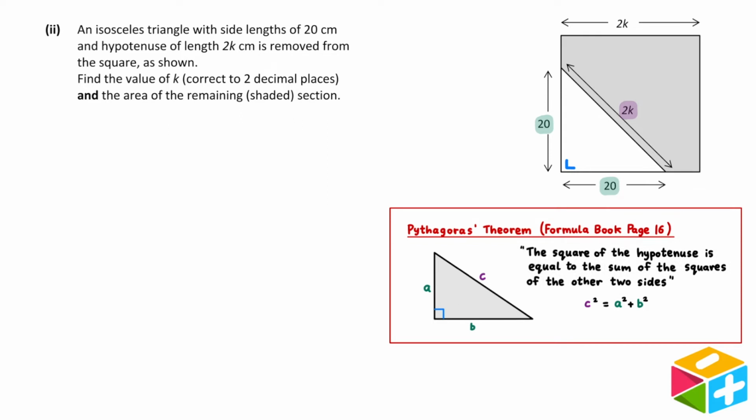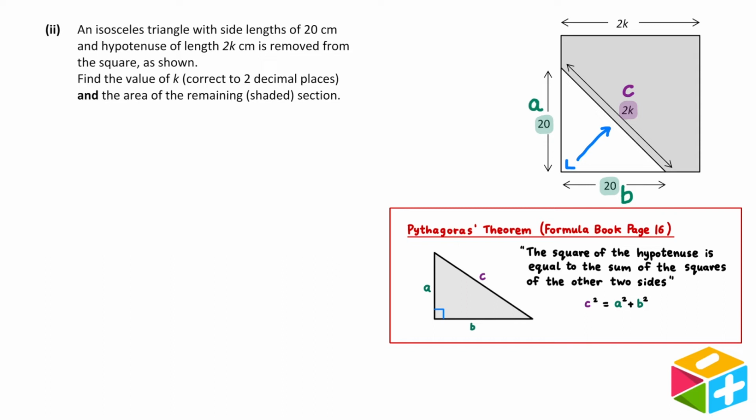In the statement of the theorem, the hypotenuse is labelled as C and the other two sides are labelled as A and B. Well, the hypotenuse is the side which is opposite the right angle. In our triangle, the side opposite the right angle has length 2k, so we'll let C be equal to 2k.